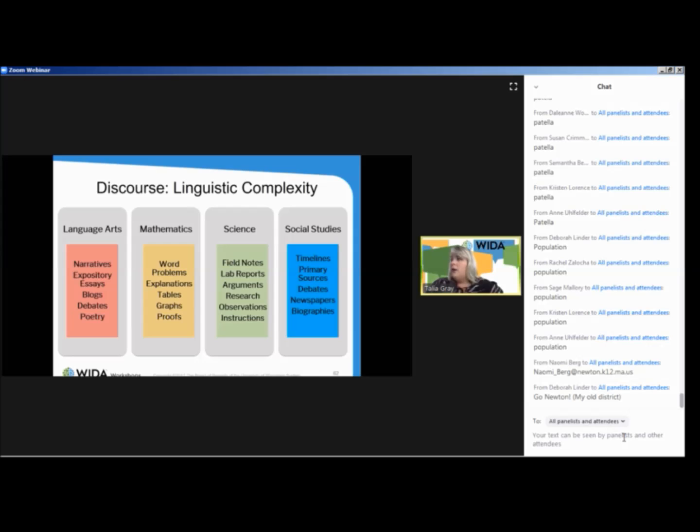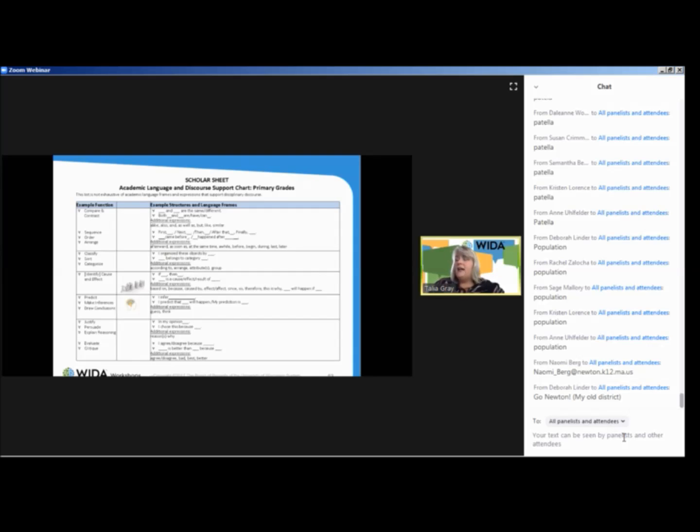And for you elementary teachers, this is something that can help you define the discourse in elementary students' writing. This is on the Padlet for you. And this gives you examples of the type of academic language that you should see based upon the task that you're giving your students.